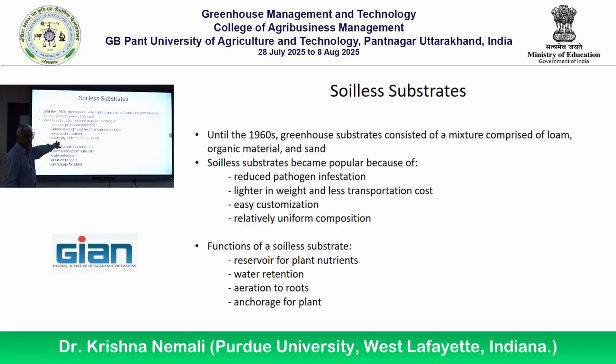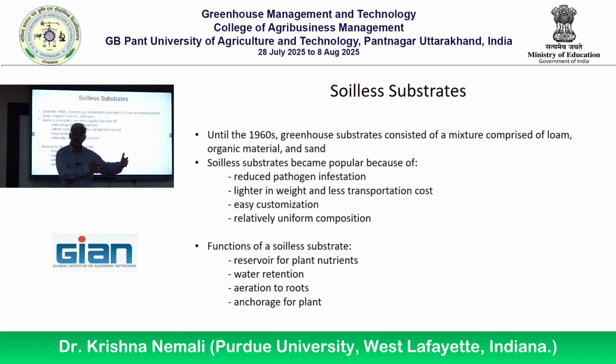And this is very, very important: uniform composition. When I sell peat to you or coir to you, you are assured that it is coir or it is peat. Or when I say it has got 80% coir, 20% vermiculite, you're assured because it is mechanically mixed. So there is some uniformity there. The reason why this is important is that greenhouse growers do the business year after year after year.